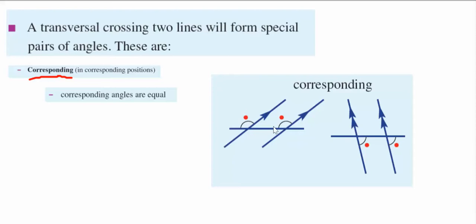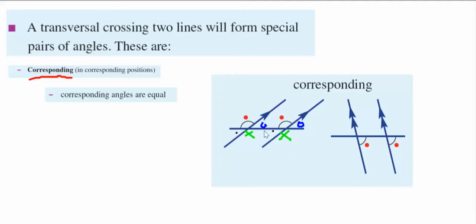Corresponding angles can be at different spots. You can see in this one corresponding are down here, and I could draw different corresponding angles here. I'm going to change my color to demonstrate. An angle in there and an angle in there, they're corresponding. Another one: an angle in here and a corresponding angle in there. And another, we'll go with blue: an angle in there and an angle in there.